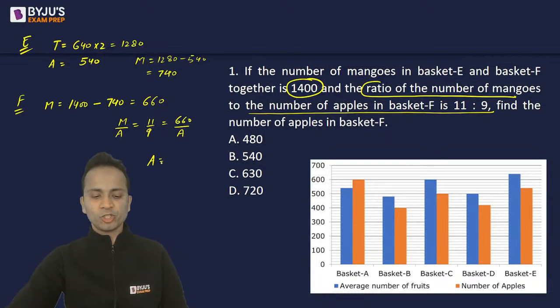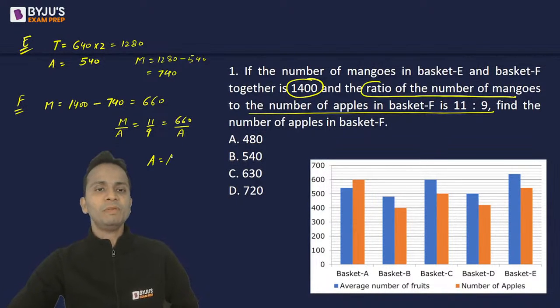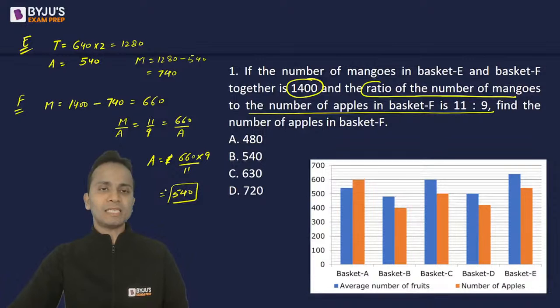So using this ratio and the value of the number of mangoes, I can calculate the number of apples in this basket. So the number of apples will be equal to 660 multiplied by 9 divided by 11. So that comes out to be 540. So 540 will be the number of apples in basket F, and this is what we had to calculate.